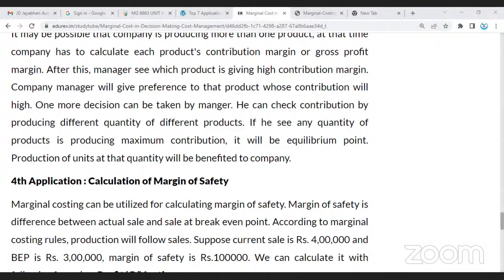See here, the total cost is 400 for 100 units, 600 for 150 units, and 800 rupees for 200 units. I will show you the differences. It is a comparative statement.